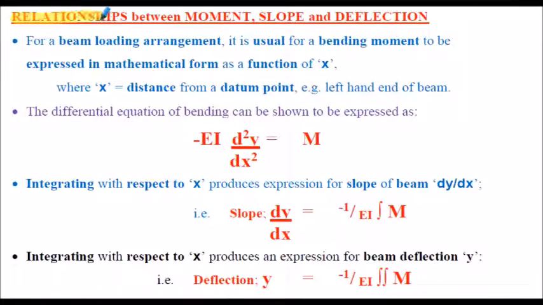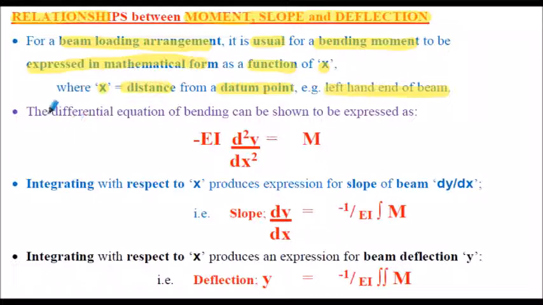So, relationships between the moment, slope and deflection equations. For a beam loading arrangement, it's usual for the bending moment to be expressed in a mathematical form as a function of x, where x is the distance from a datum point, for example, the left-hand end of the beam.